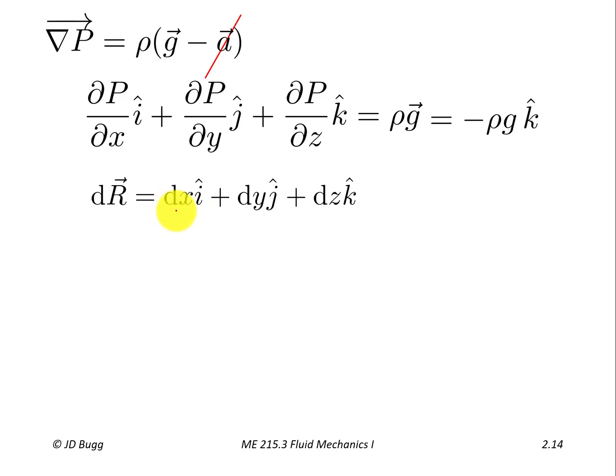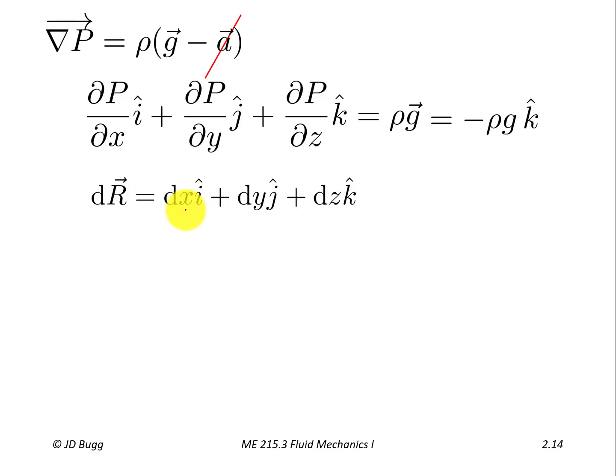Different paths are just going to have different relationships between the dx, the dy, and the dz. That's all. These aren't necessarily all exactly the same size. As we're moving along some arbitrarily shaped path, dx, dy, and dz will all be different sizes to follow along that path. But a general expression for any path in Cartesian coordinate systems is this here.